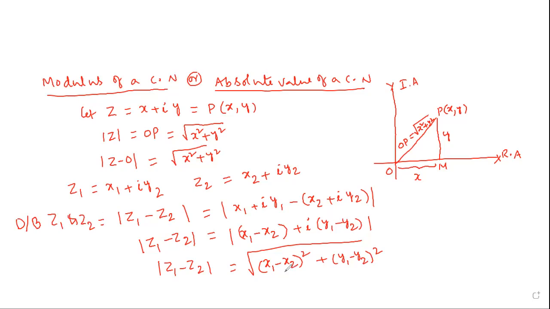This is the formula. Okay? So I will write here: distance between Z1 and Z2 is represented symbolically by modulus of Z1 minus Z2, and the formula is the root over x1 minus x2 whole square plus y1 minus y2 whole square. Is it clear now, everyone?